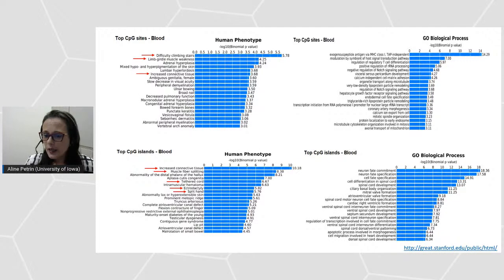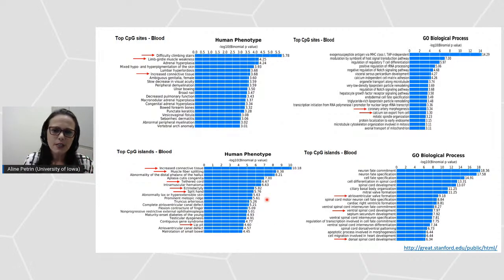And then in this slide, I'm showing you that when we ran the gene ontology analysis, we see over enrichment of terms that are relevant to clefting. For example, increased connectivity tissues, ectrodactyly, split hand, lip pit, like I showed you in the van der Voude.